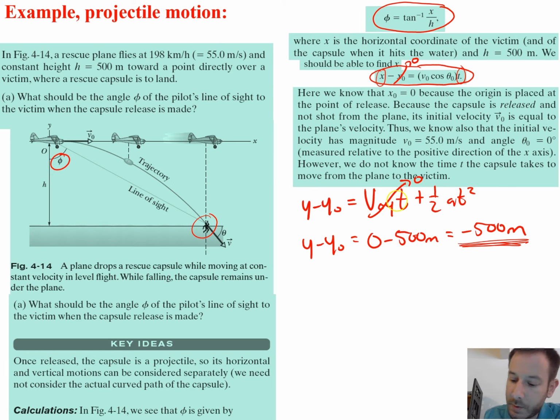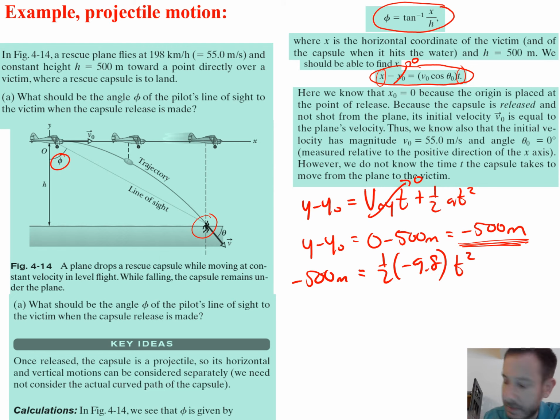All right, so that first term is going to cancel out, and then all we're left with is y minus y naught, which we found is negative 500, is equal to 1/2 a t squared. And so we have negative 500 is equal to 1/2 times negative 9.8 times t squared.